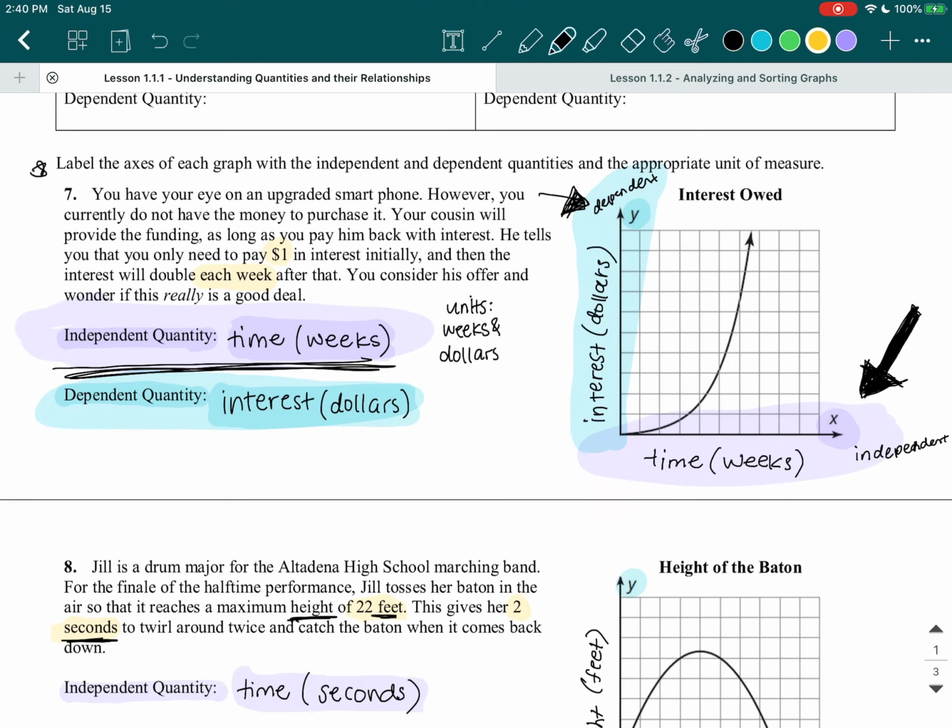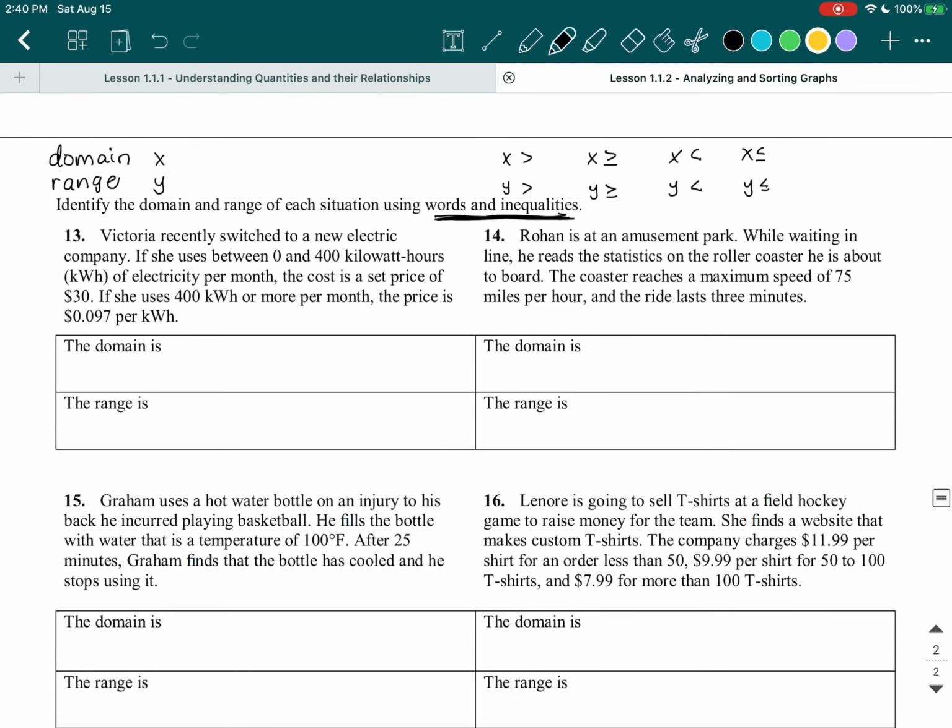Let's write that down on our current worksheet so we don't forget that. Independent relates to x. So domain, x, independent. Okay? So all of those are related. Domain, x, and independent. Let me just draw a little line between them so you know they're all connected.